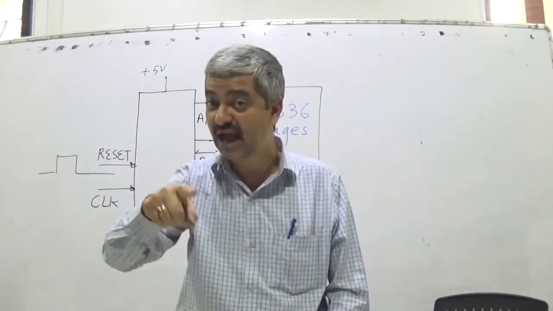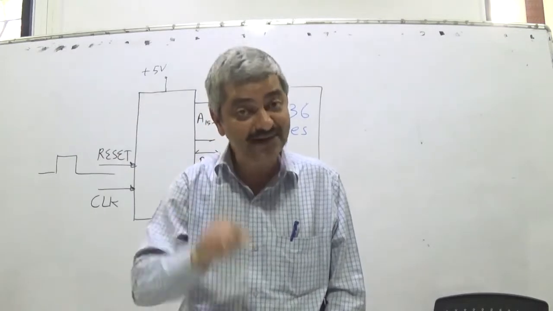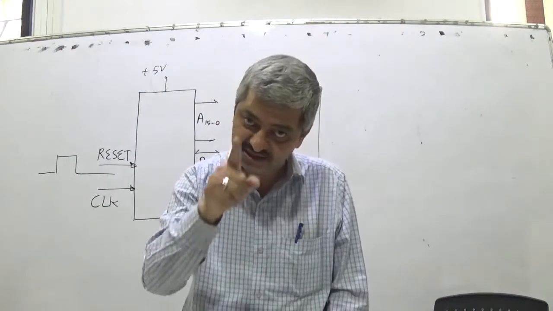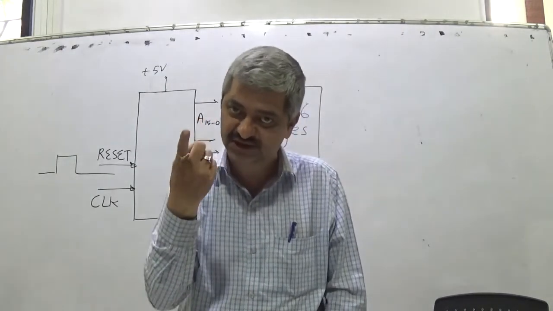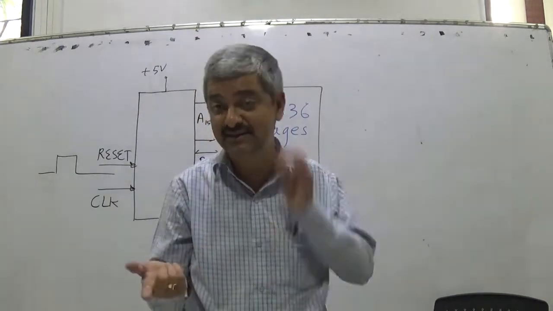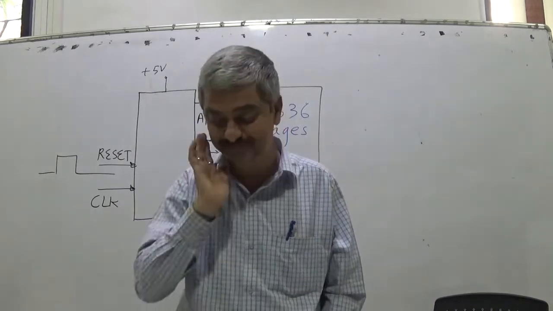How that design is actually done is beyond the scope of our discussion. The complete structural analysis of a microprocessor chip is beyond our scope. But it is designed to work in a fixed manner, which we are discussing.